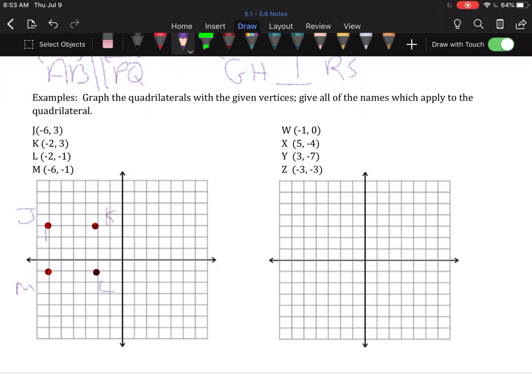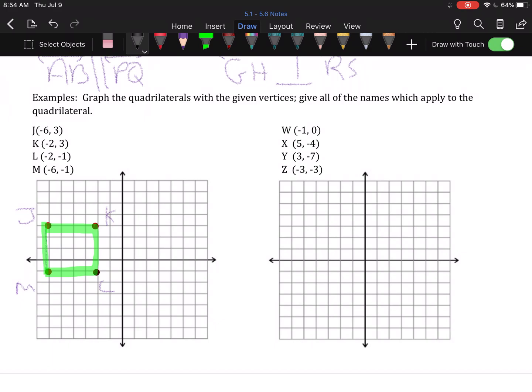Here we have ourselves a four-sided shape. And I'm actually going to do the edges here in highlighter. It'd be easier to see that way, I think. Now, this is going to be the part that most of you don't like. I am going to require you on these kinds of diagrams to write the slope of every line segment.